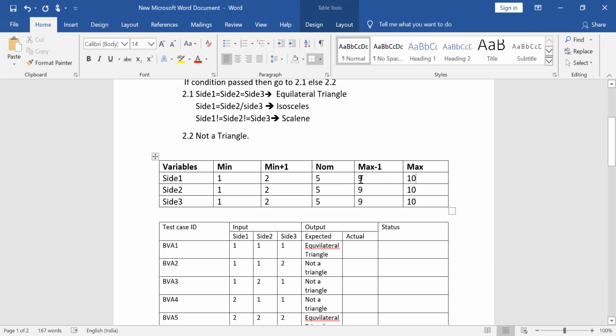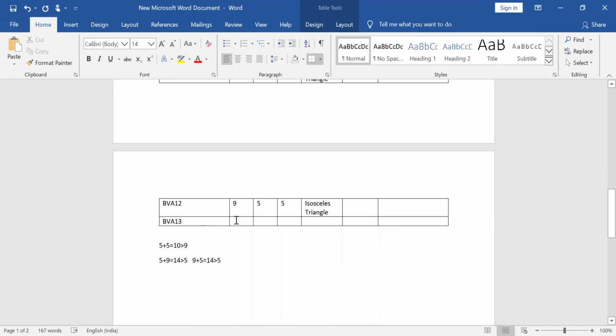So it is not possible. So if you take 5, 9, 10, can I form a triangle?